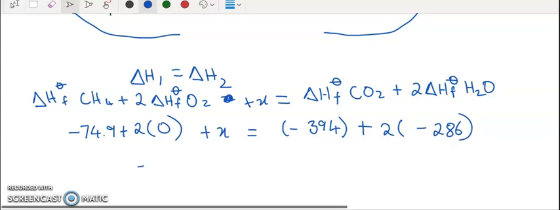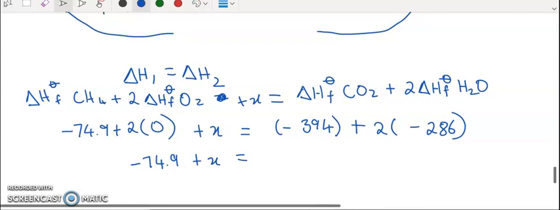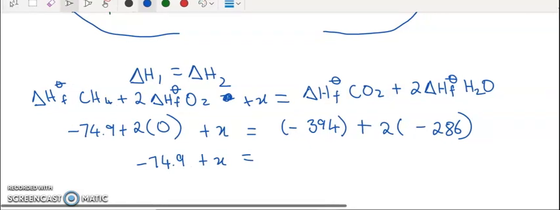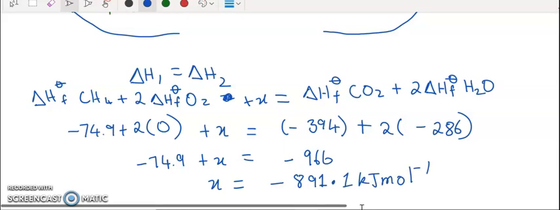Solving this side, we got negative 74.9 plus x, and the other side is negative 966. Bringing this to the other side, it'll become plus, and therefore your x will be negative 891.1 kilojoules per mole.